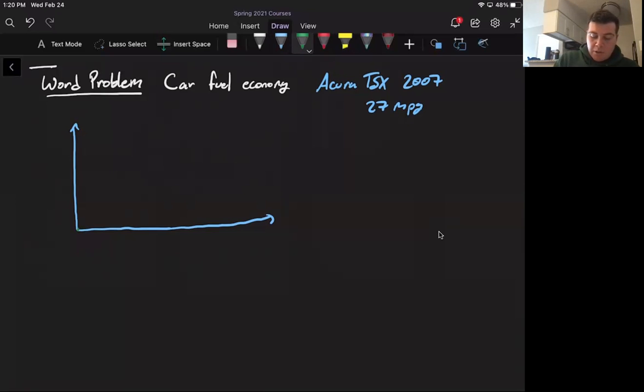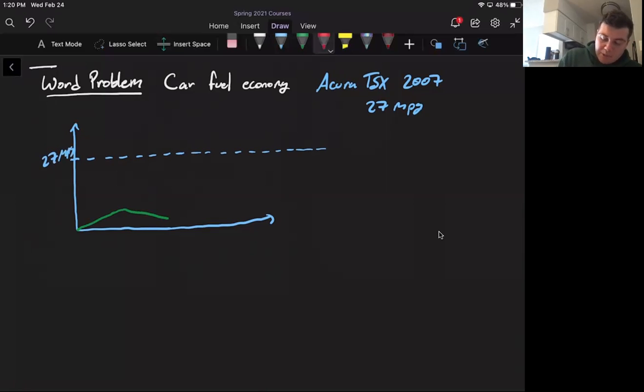So when I first start off, my fuel economy is pretty low. And then it gets even lower as I have to accelerate up to speed. So let's put some labels on this graph. Start to fill it in. Do this dotted line. This will be 27 mpg.